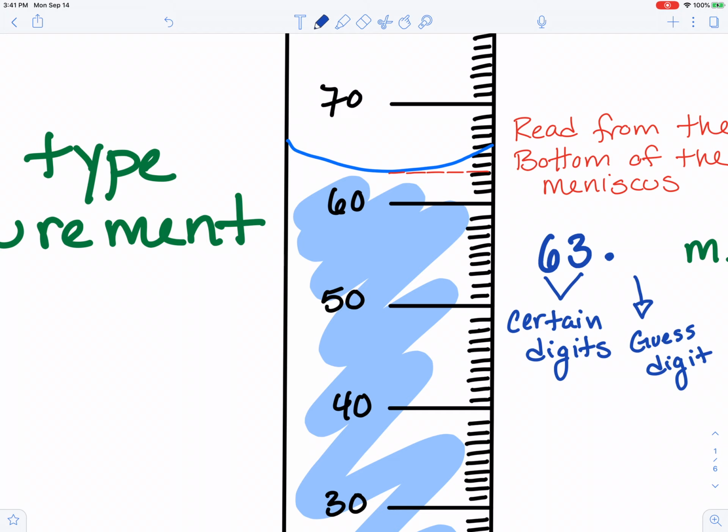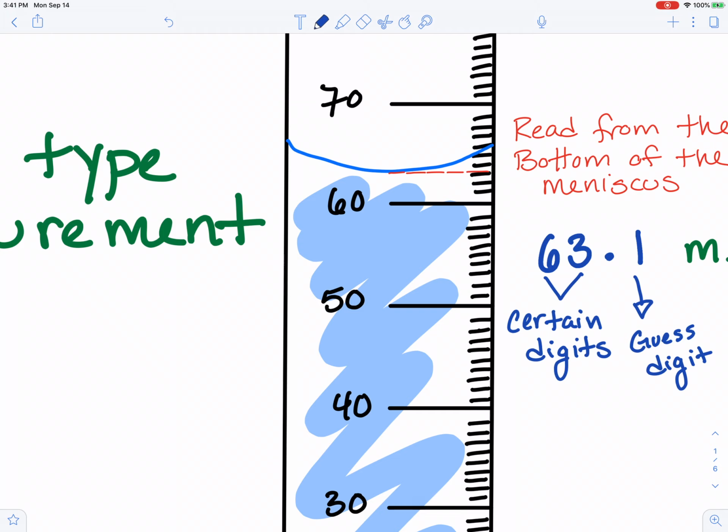Now, I can also look at how close do I think I am to that 63 mark. Do I think I'm exactly on it? In that case, it would be 63.0. Do I think I'm closer to 64? Then it would be 63.9. I think that I am very close to the 63 calibration mark, but slightly above it. So I'm going to say that my guess digit is 1. Now, my guess digit might be slightly different than your guess digit, but they should be somewhat near each other.